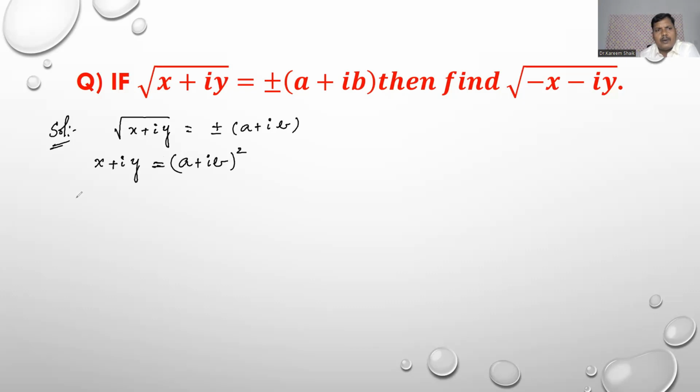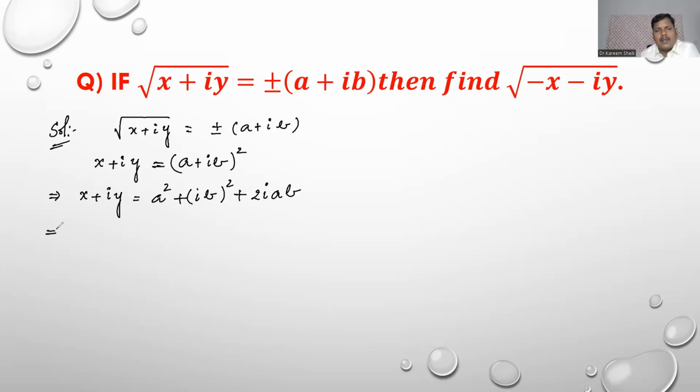That implies x plus iota y equals a square plus iota b whole square plus 2 iota ab.